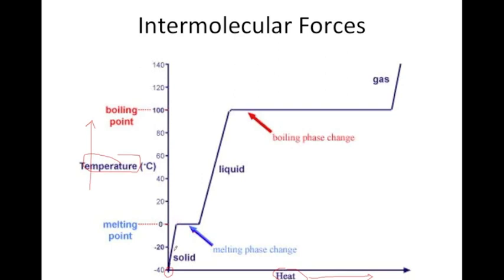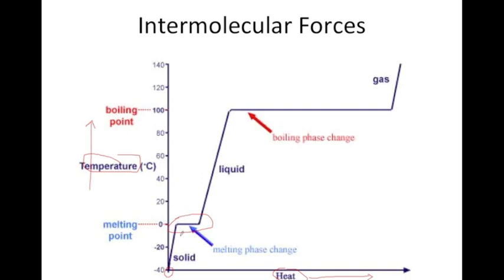And so eventually, as we continue to put heat into our ice, you get enough heat in that the molecules have enough kinetic energy that they begin to overcome or break free from a lot of these intermolecular forces holding the water molecules together. At this point, the ice begins to melt. So right here, the ice is undergoing a phase change from solid to liquid.